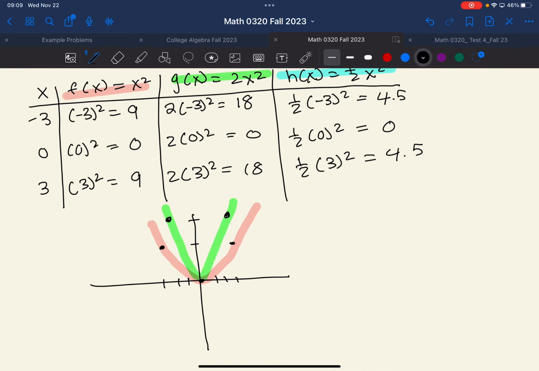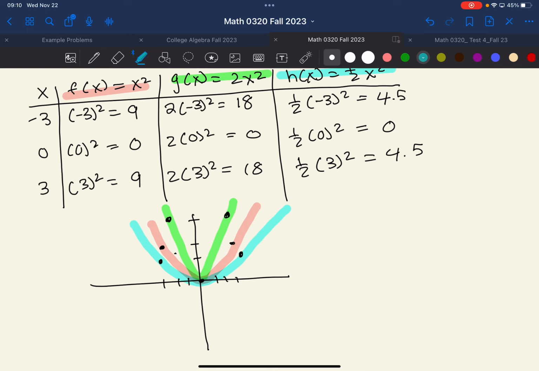Okay. And then I have -3, 4.5. So I'm going to say that is right here. Oh, wait. -3, 4.5. Okay, which is out here.